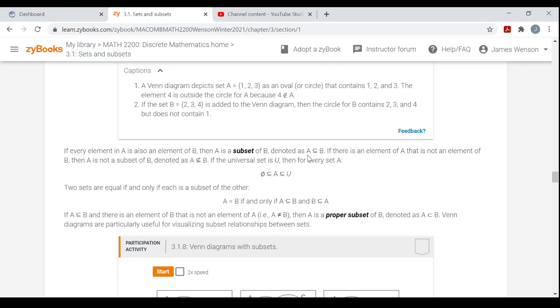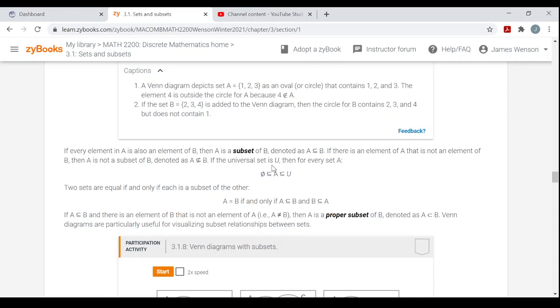So this is A is a subset of B. Every element of A is also an element in B. If there is an element of A that is not an element of B, then A is not a subset of B, and you would just throw a slash through the symbol.